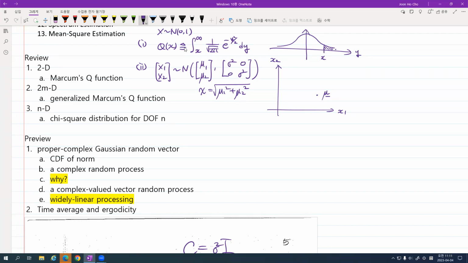So we draw some circle, and we want to compute the probability that x1 squared plus x2 squared is greater than or equal to some value r.